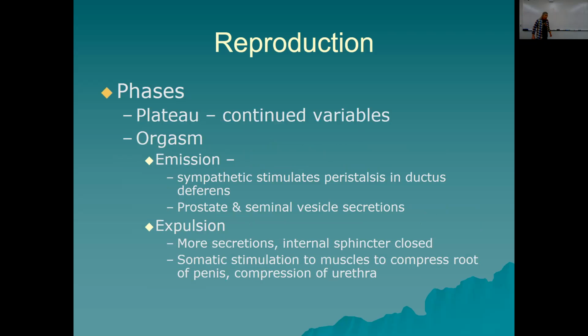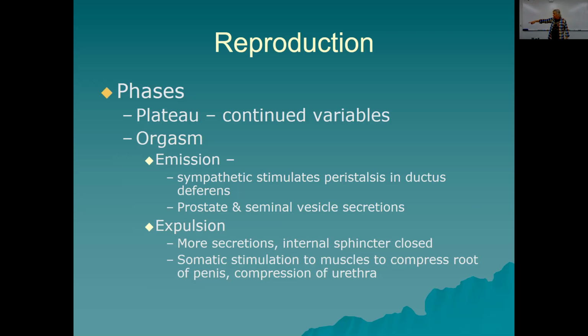And then of course we have penile thrusting, we have plateau. So you get this excitement, and they hit a plateau, and then those variables continue, and then all of a sudden a man gets close to orgasm, and you have two parts of ejaculation.